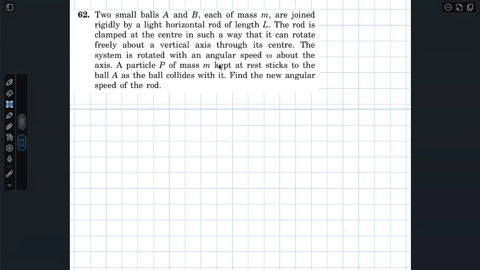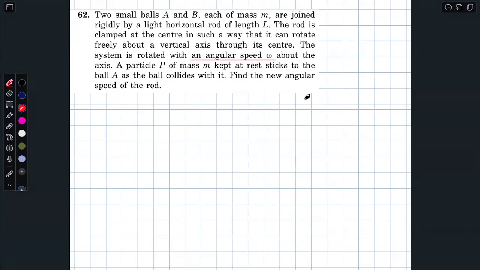The system is rotated with an angular velocity omega about the axis. Particle P of mass M kept at rest sticks to the ball A as the ball collides with it. Find the new angular speed.